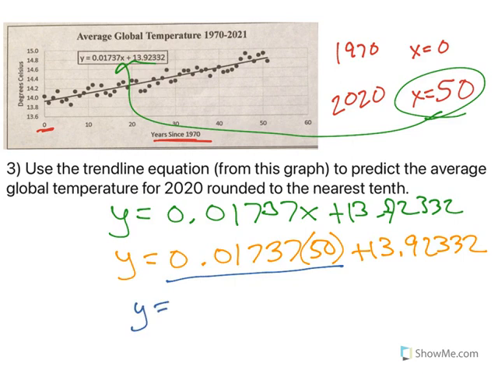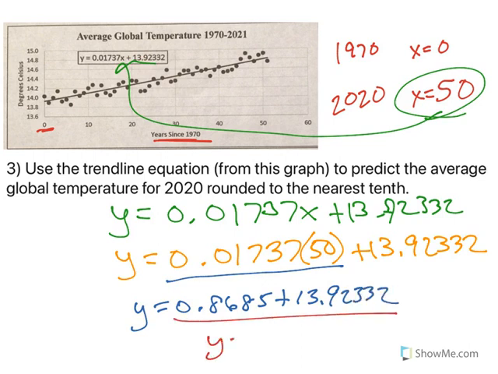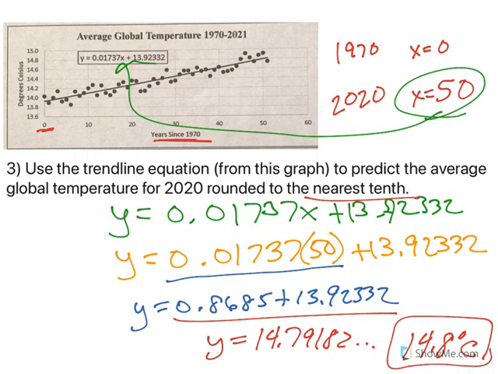So I get y equals 0.8685 plus 13.92332. Final step, add those together, and I end up with 14.79182, rounded to the nearest tenth, 14.8 degrees Celsius. Okay, which is great. That's right here. Okay, 14.8. I love this for us.